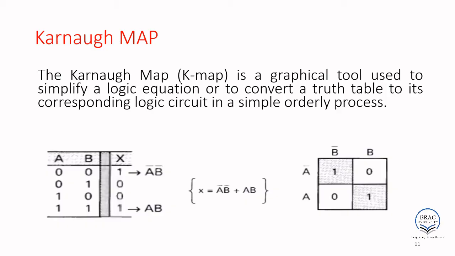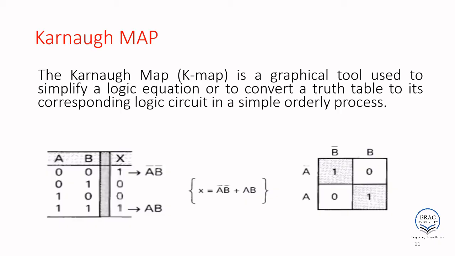That means 0 0 high means A prime B prime is high, and A B is high. So your output X equals A prime B prime plus AB. So two or more AND terms are put through the OR term, the plus sign.